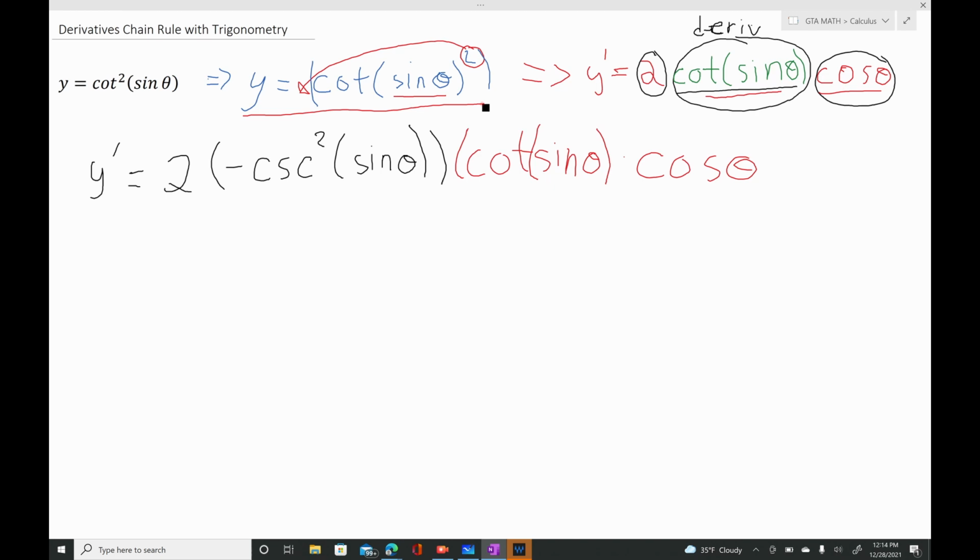So we took the chain rule, and then we got here. And then after we took the chain rule, we took the derivative of the thing I'm underlining twice. And then once we took the derivative of this cotangent function, we end up with this. And then we keep the original function here. And then we have to bring the cosine of theta.